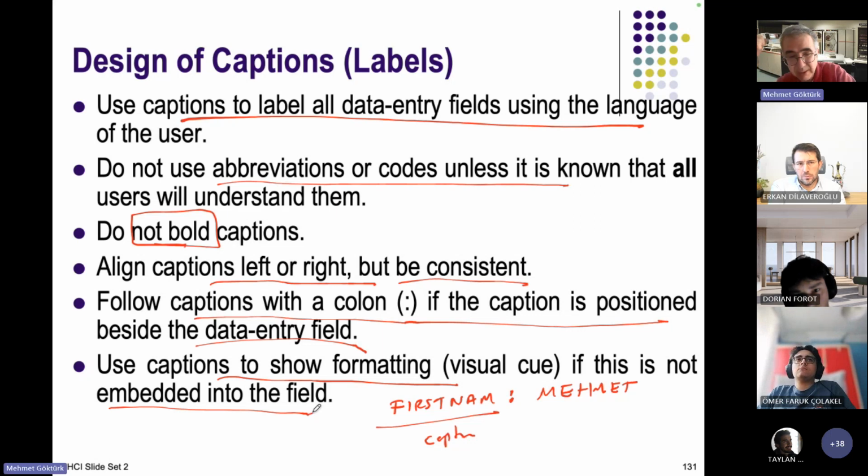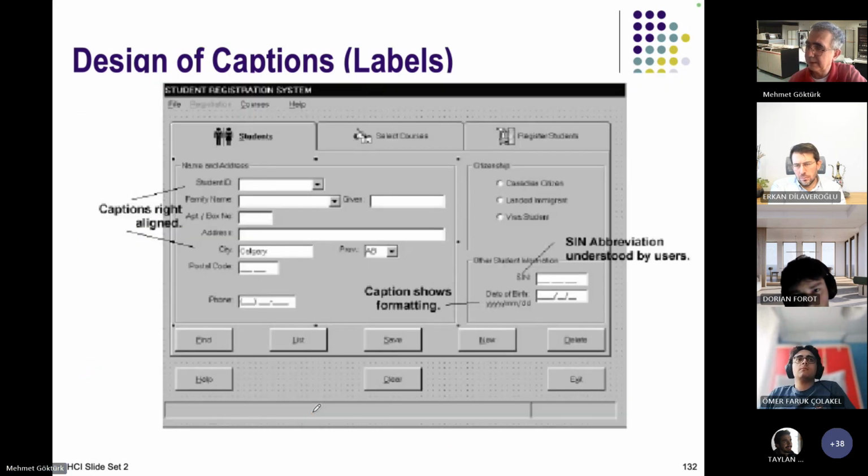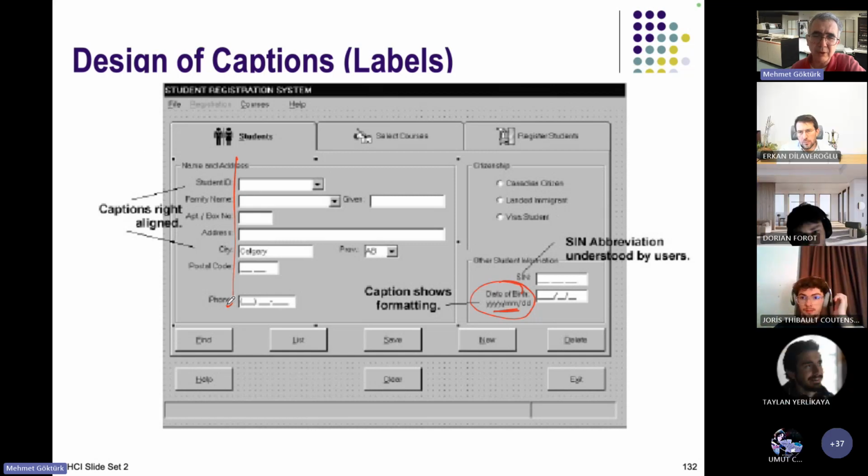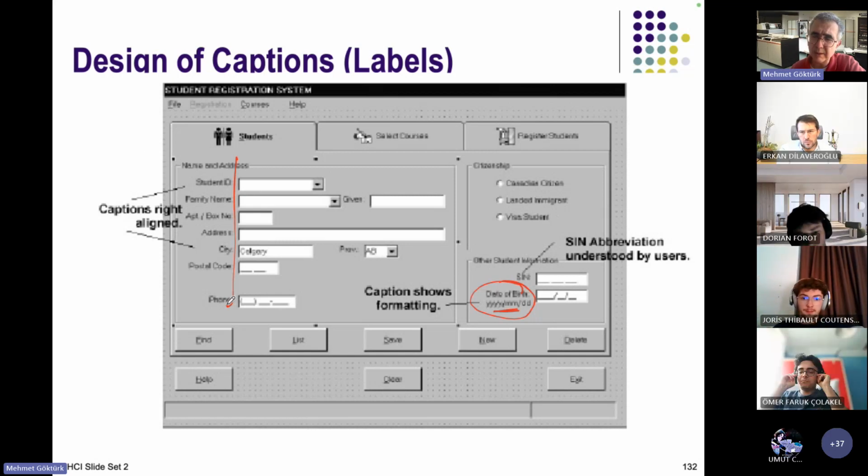But we can live with that. Here, for example, format information is in the caption. These are aligned and not bold. No bold captions. Everything is important in order to get a good-looking, professional-looking dialogue. Otherwise, it will look crappy.